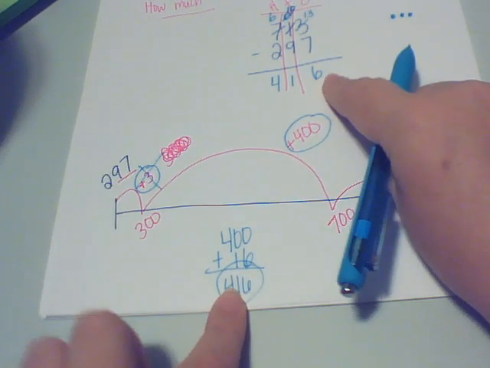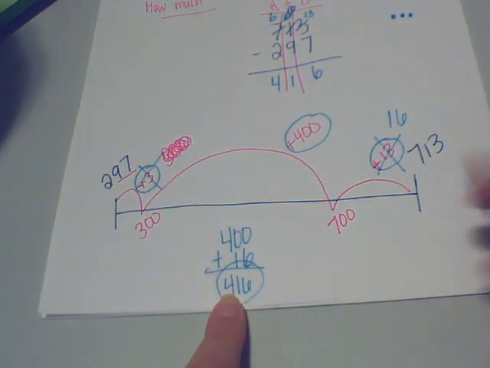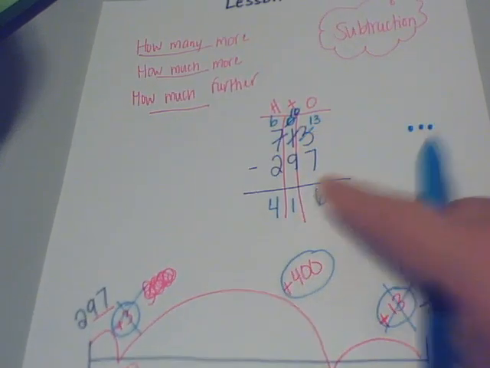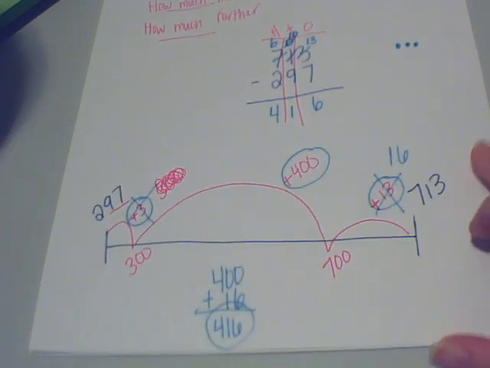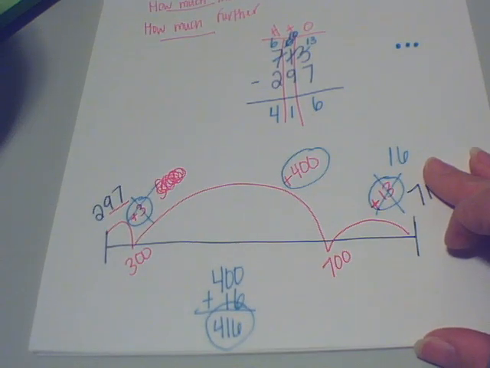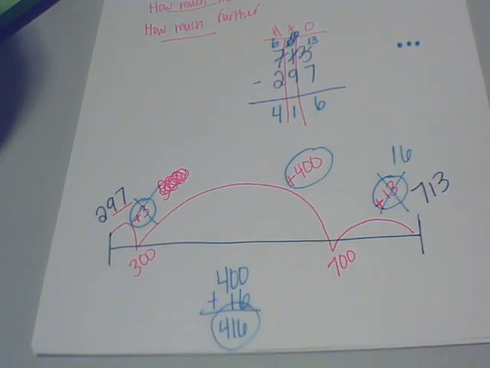So I got the same answer if I played get to on my number line or if I did my basic subtraction. Okay, so you can use either one of those strategies when you are subtracting. Okay, either one of those works. All right, keep practicing.